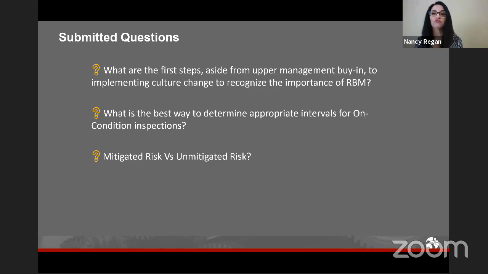Maybe it's okay just to run that to failure. Maybe if a gauge fails, that's okay. But that's what you develop when you write your failure effect, right? And if it really does matter, then if you can't maintain it, you've got to change the consequences of the failure. Like I said, maybe do a backup, maybe put in redundancy.